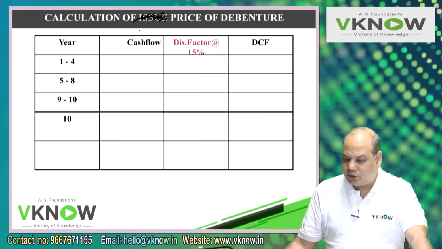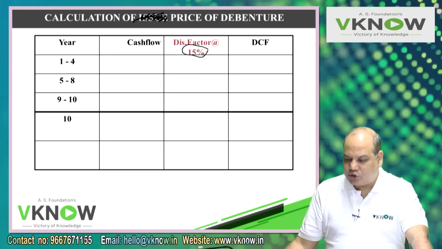Investor is willing to pay how much? So for that I will now use this 15% discount rate. Okay. Same format, 4 columns: year, cash flow, discounting factor at the rate of 15%, DCF.